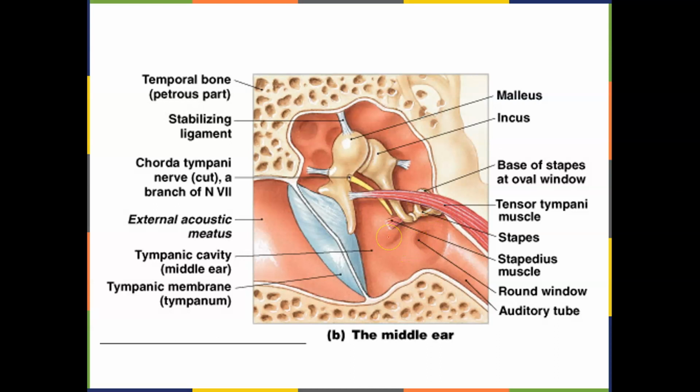These two muscles help control the tension on the tympanic membrane. Here is the auditory tube, the round window, which is an indentation. The oval window is attached to the stapes here. And then we have these little stabilizing ligaments holding the auditory ossicles in place. All right, so it's really an elegant, simple structure.